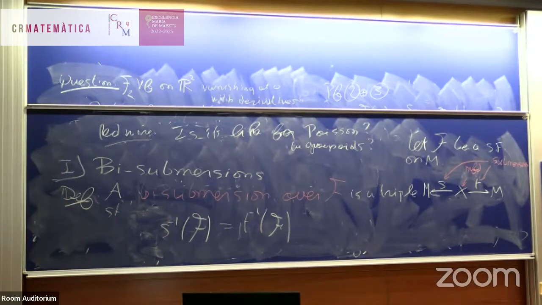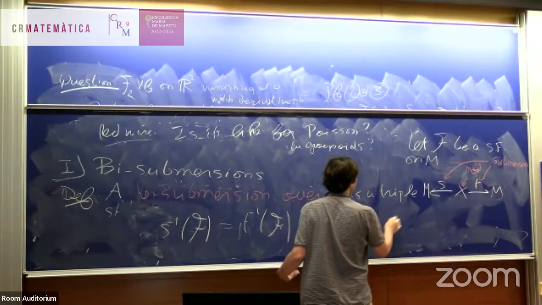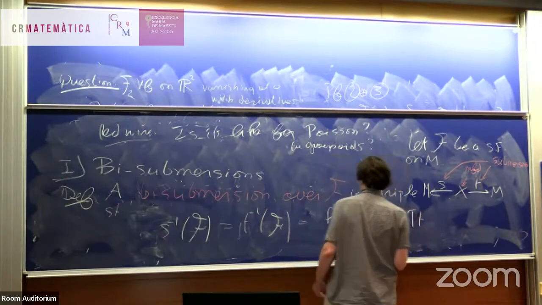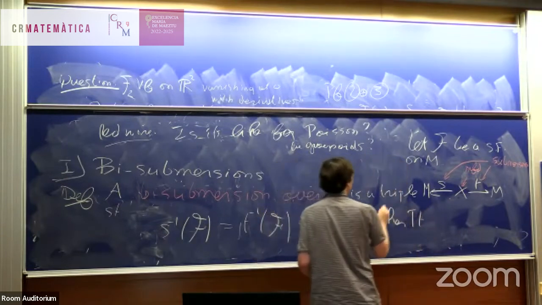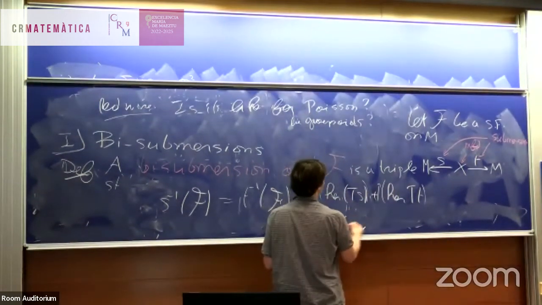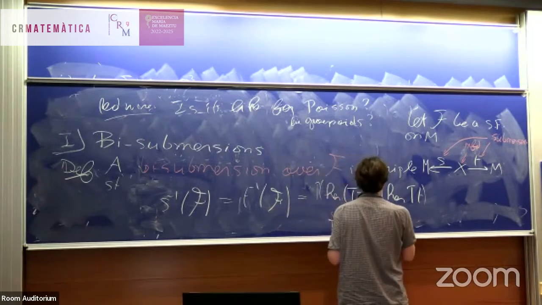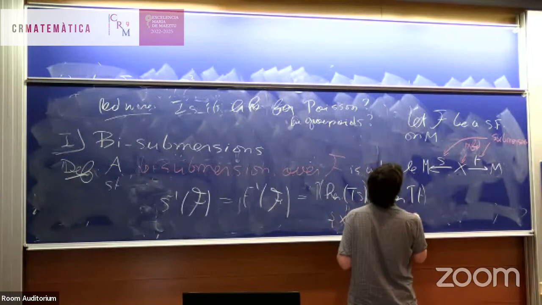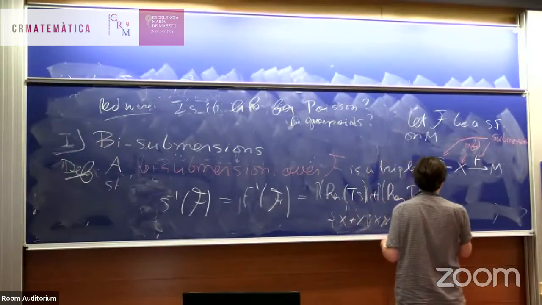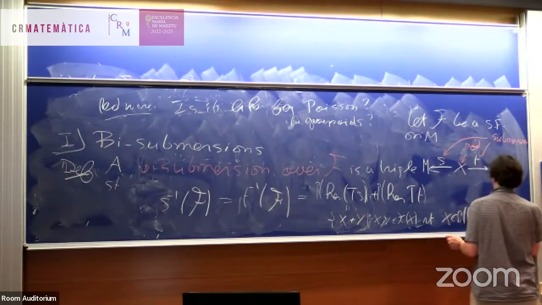That's not enough. There is a last condition, very important. I want this to be the sections of kernel of TS plus kernel of TT. What's that? It's all vector fields of the form X plus Y, where X is a section of kernel of TS and Y is a section of kernel of TT.